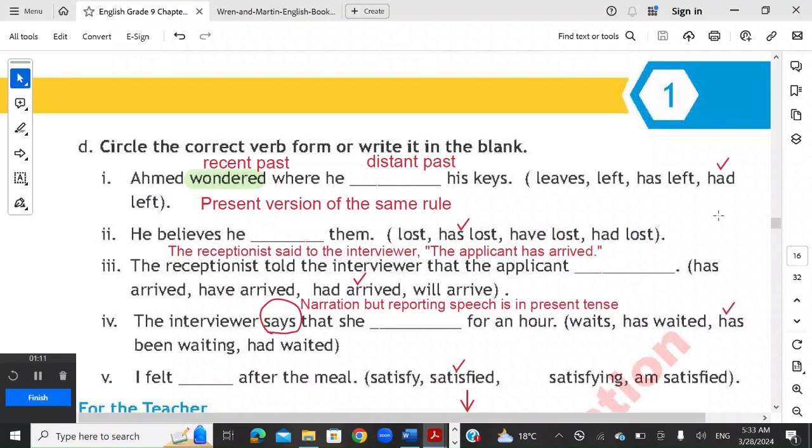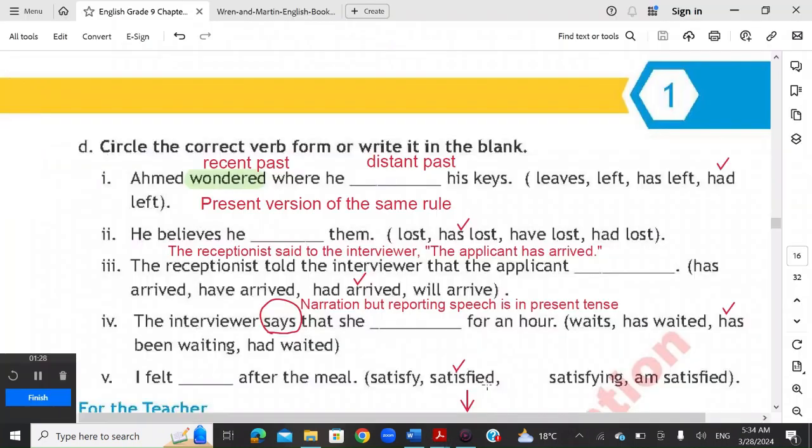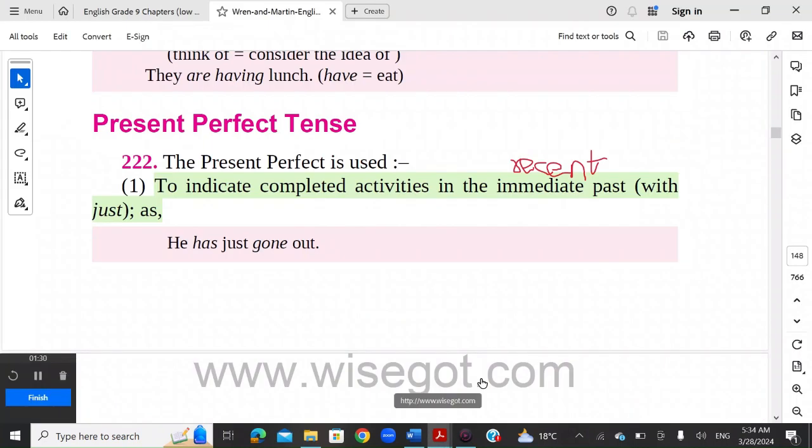But I want you to get the concept of tenses and how we select a particular answer. For that, you need to understand a bit of background. So, firstly, move towards this book, Wren and Martin, and try to understand the concept.